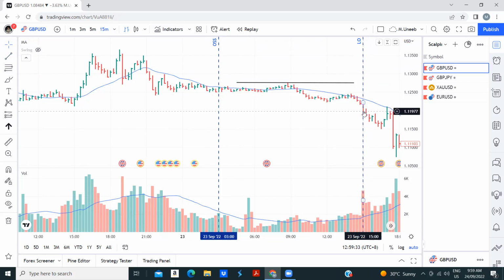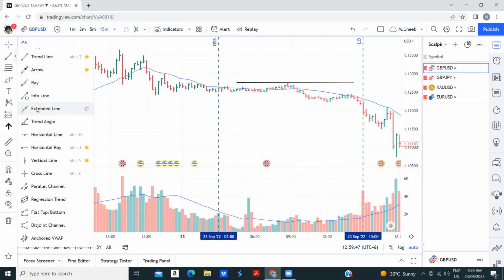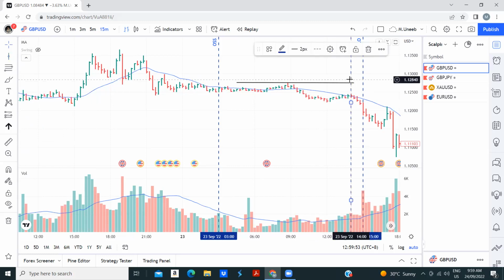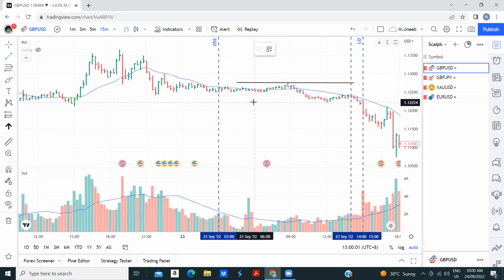So you need to check the last major swing point at or before 12, about 1 hour before, which is 14, because this is the time when the Asian market closes. Understand? So just check from here, 1 hour before London open, the last major swing point, which is this one. This is the first step which you need to identify.